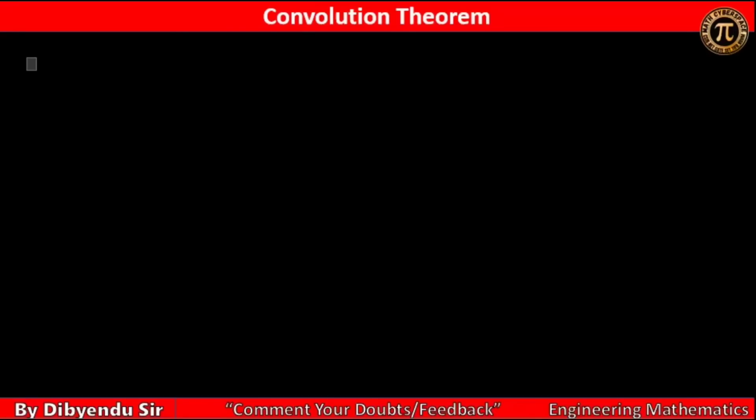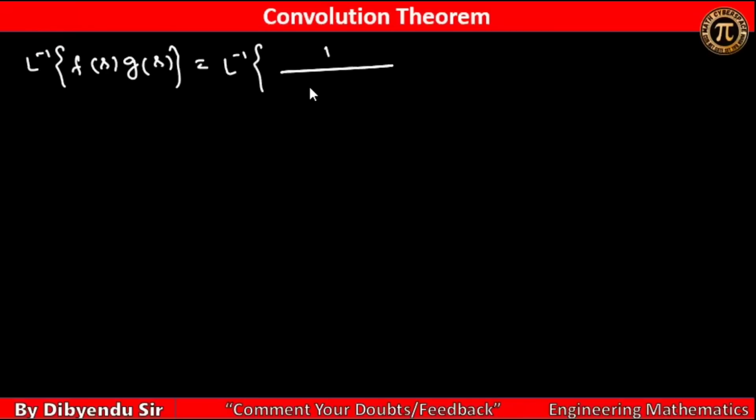Now Laplace inverse of F(s) into G(s), that means Laplace inverse of 1 by (s plus 2) whole square into (s minus 2), according to the convolution theorem, the result is f star g. And what is convolution?